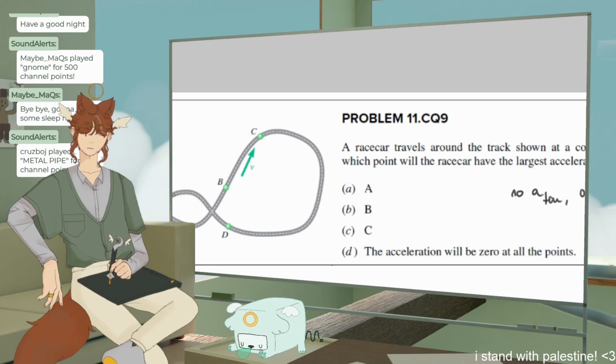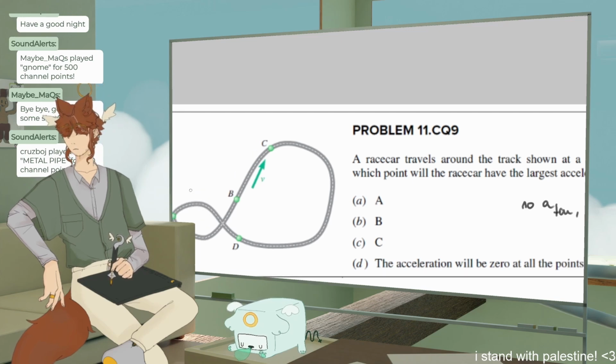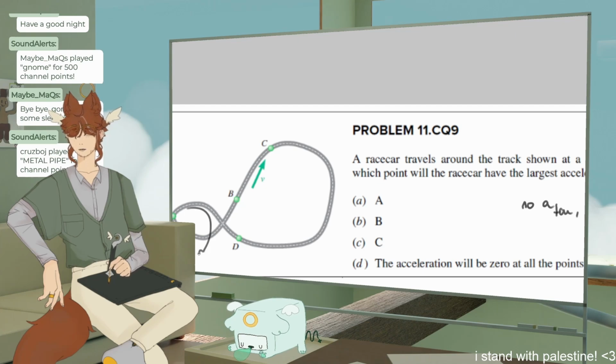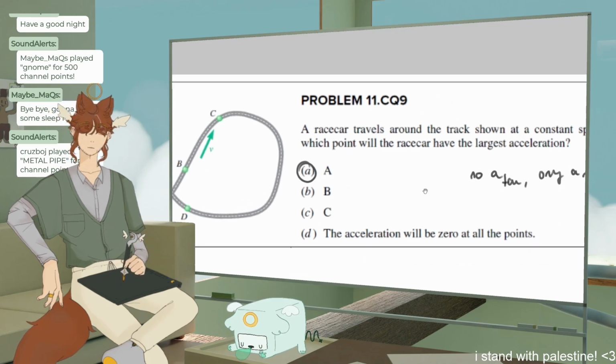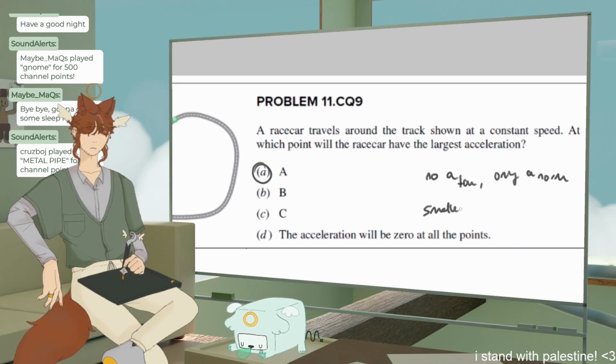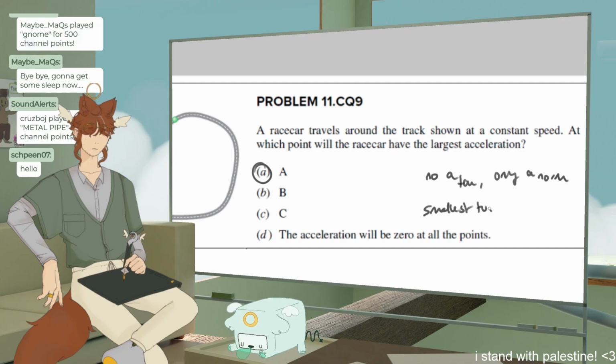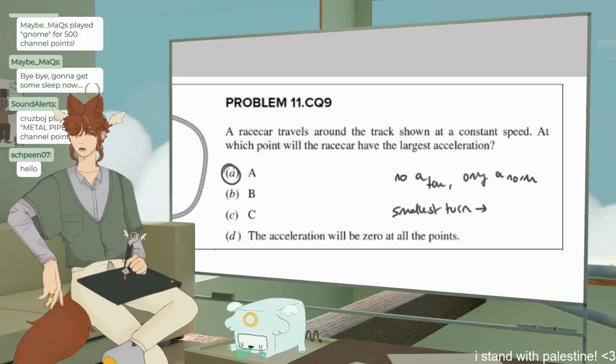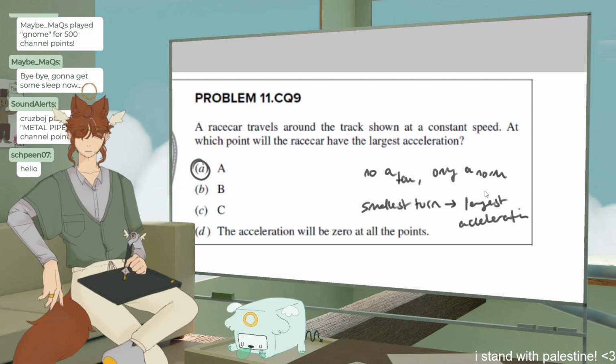We saw in some of those GIFs the other day that when you turn around, it goes crazy wild and then it gets big again. So A, smallest turn, turn largest. Hello, Speen! Largest acceleration. Absolute win for Speen.